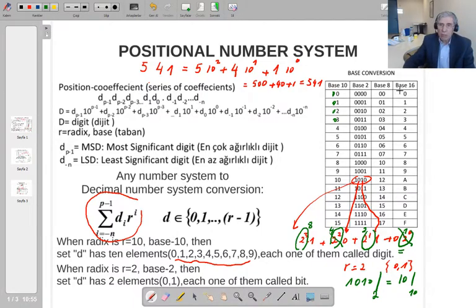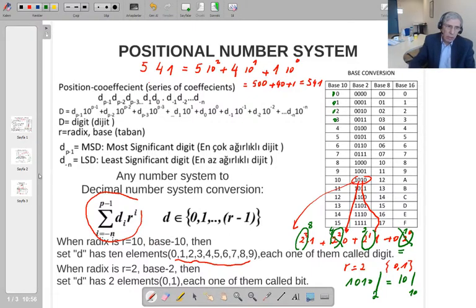When you come to base 16, you have 10 symbols as in base 10, but we need 16 symbols. For these 16 symbols we use A, B, C, D, E, F. So the total number of symbols in base 16 is 16.